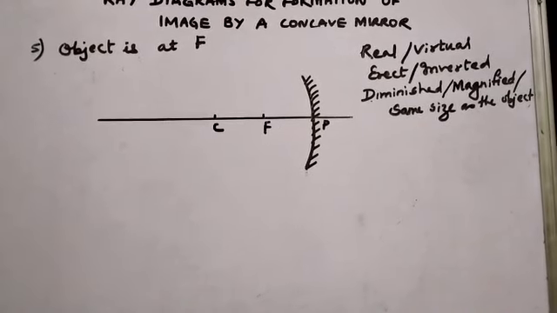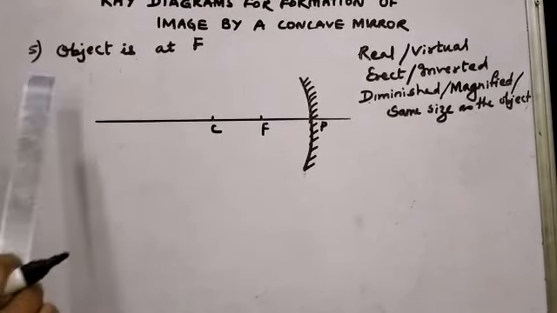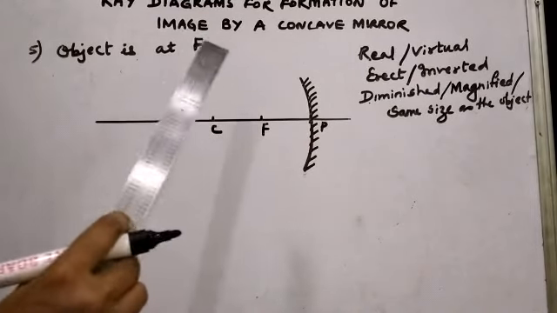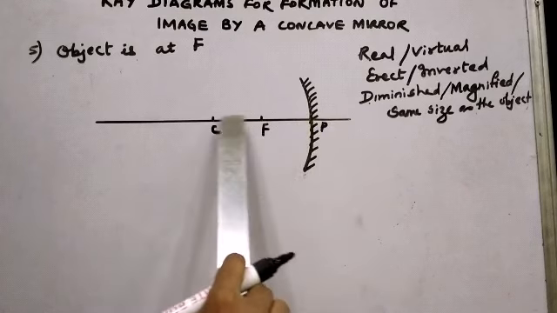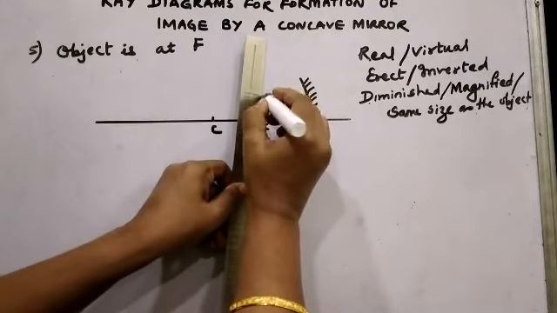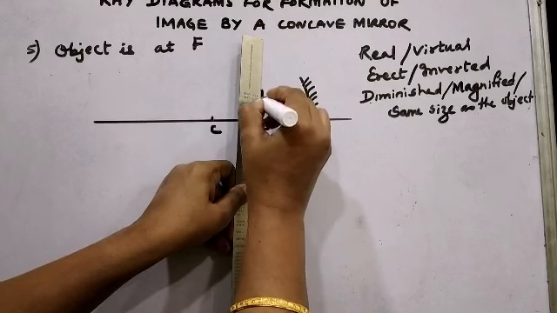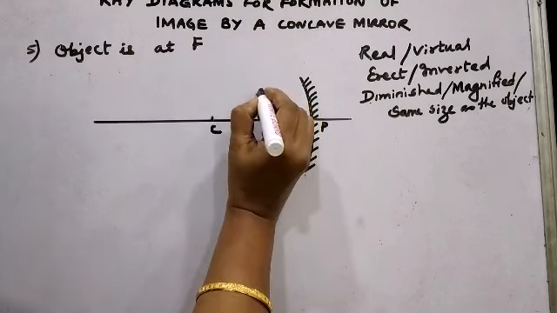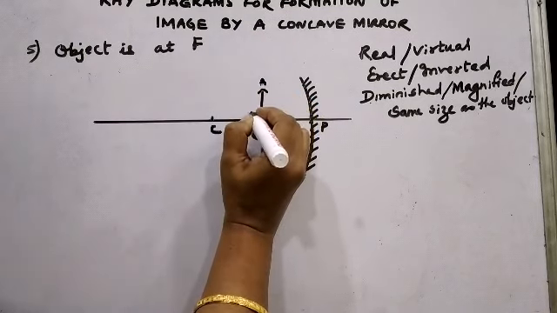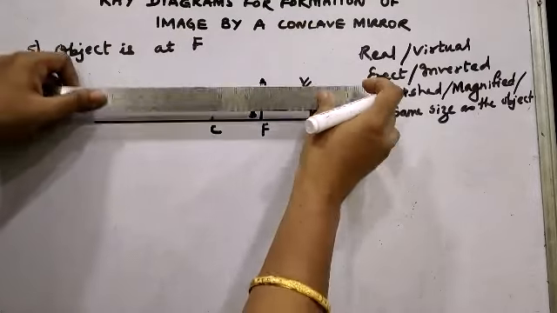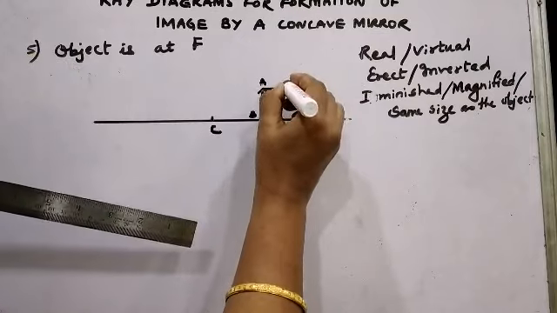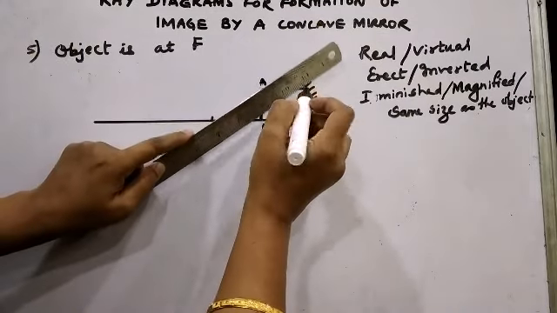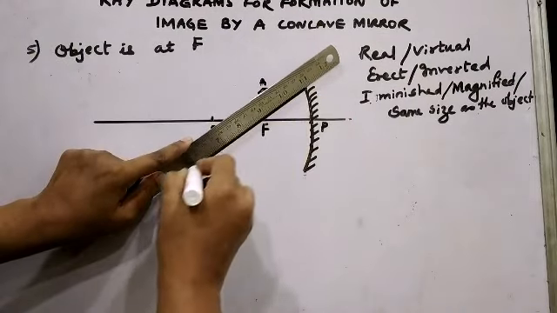Let's take up the fifth ray diagram. Object is kept at F. So once again, concave mirror, principal axis, pole, focus and center of curvature. The object is kept at F, focus. So point A, and here I'll take it as point B. So the first rule is, if the incident ray is parallel to the principal axis, then the reflected ray passes through the focus.